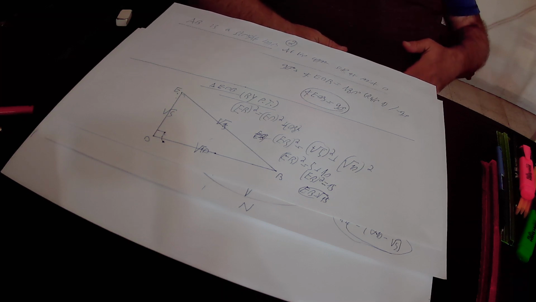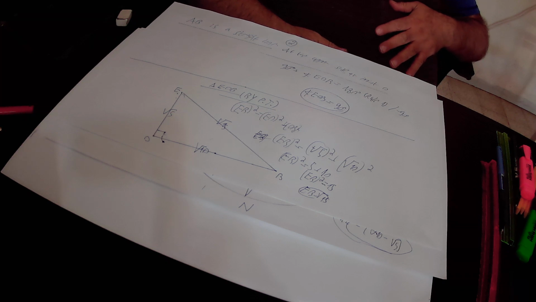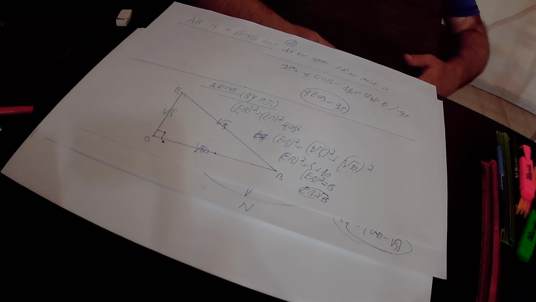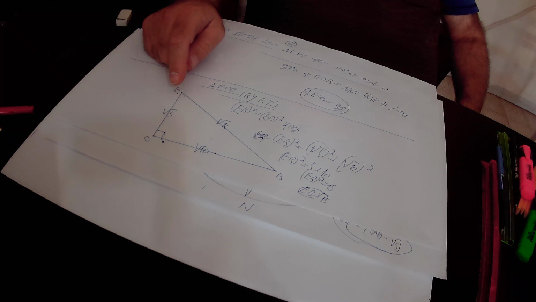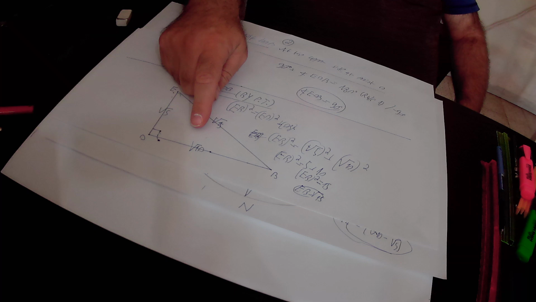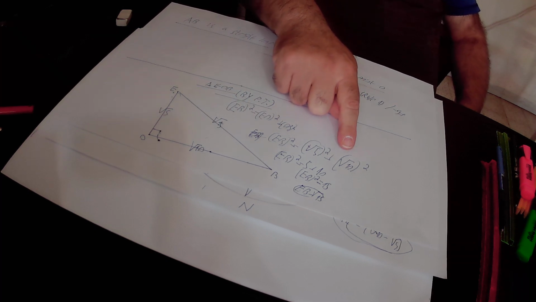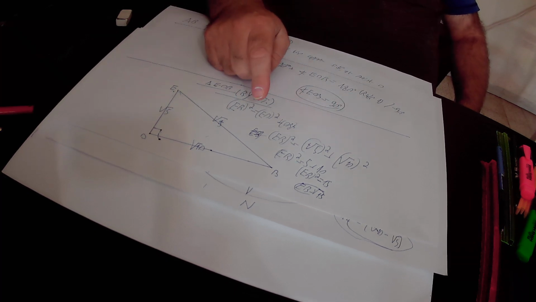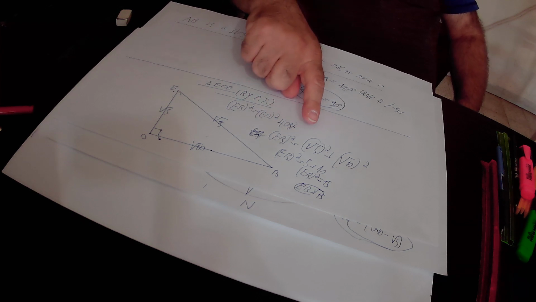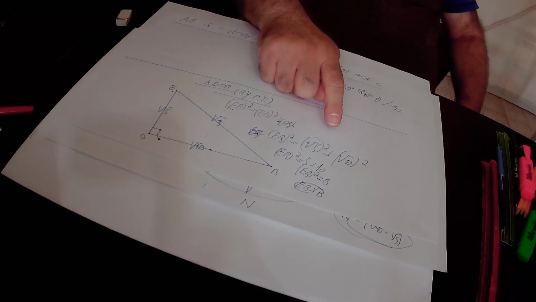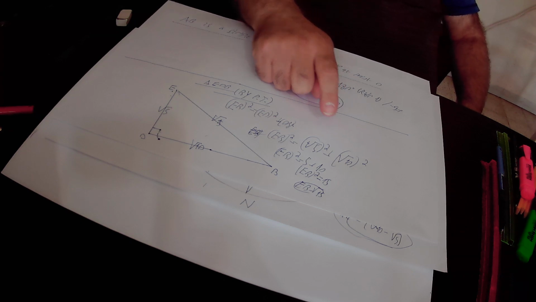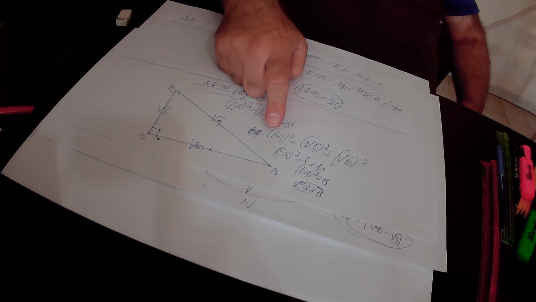So EB squared must be equal to EO squared, which is the square root of 5 squared, plus OB squared, which is the square root of 10 squared.